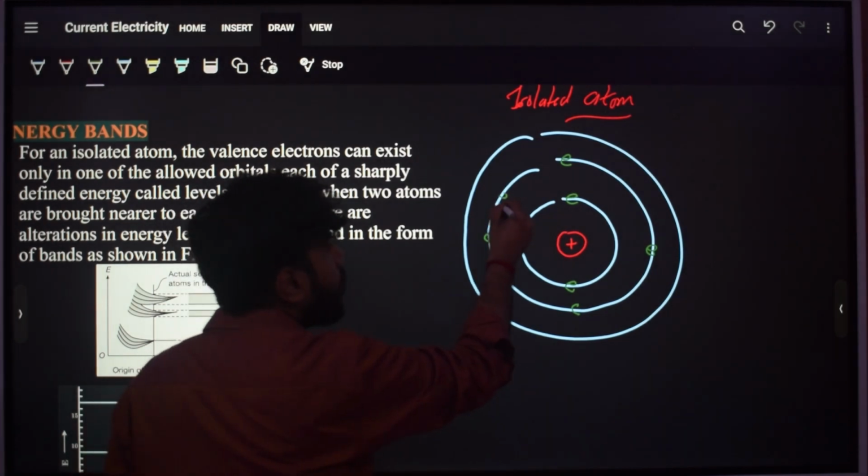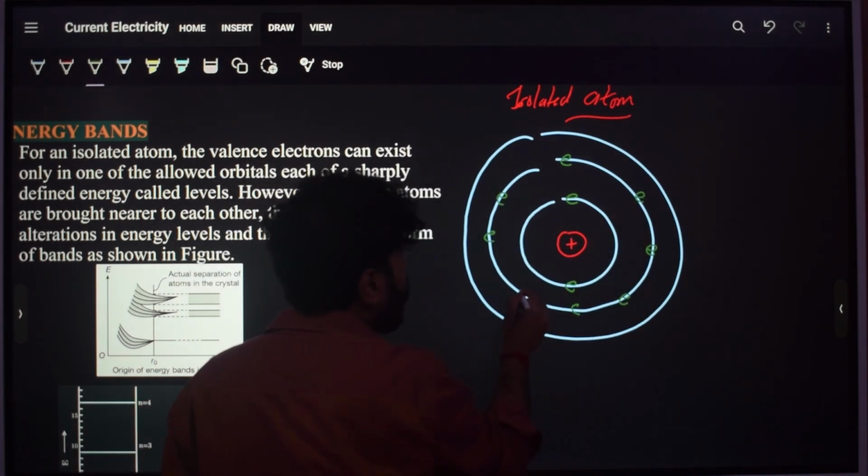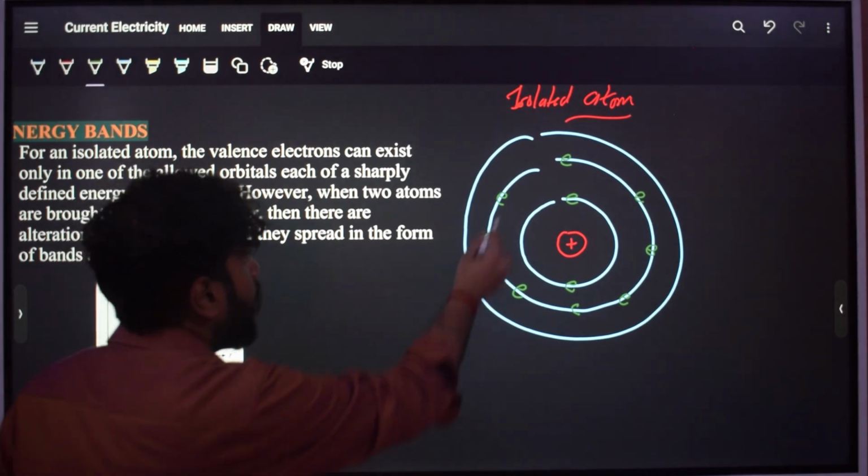Defined energy values means your orbits will be discrete.